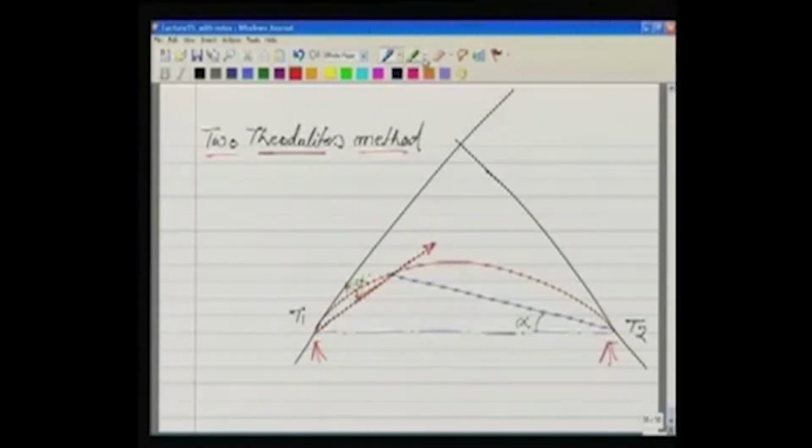If I set a theodolite, there is a theodolite at T2, and in that theodolite from the long chord, I set the same angle. So over here also it is alpha, and over here also it is alpha, and if I set the same angle here, they will intersect at this point.